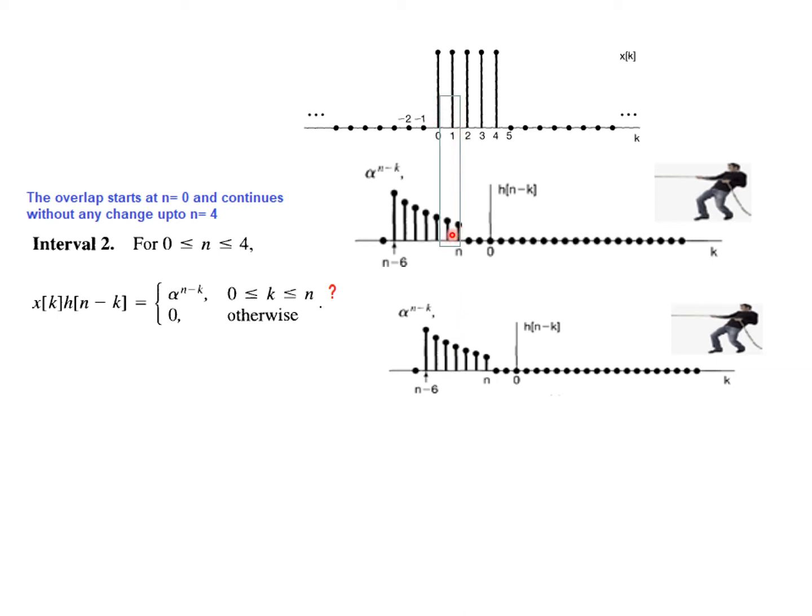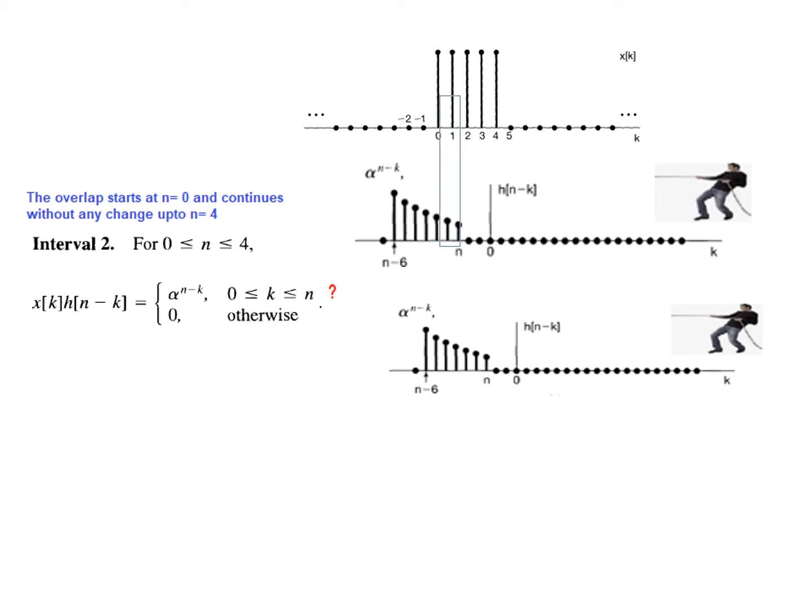Now this is the portion which is overlapping, and you can see that we for sure know the starting point from this part is 0. Actually this is a slight error in the drawing. It could exactly start on 0. So we will say that k is starting at 0, but we don't know where it is ending. We don't know from here, but we know it is ending at n for sure, and so the limit is from 0 to n.